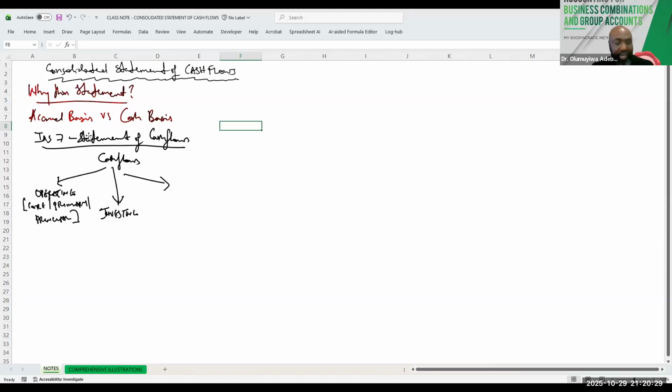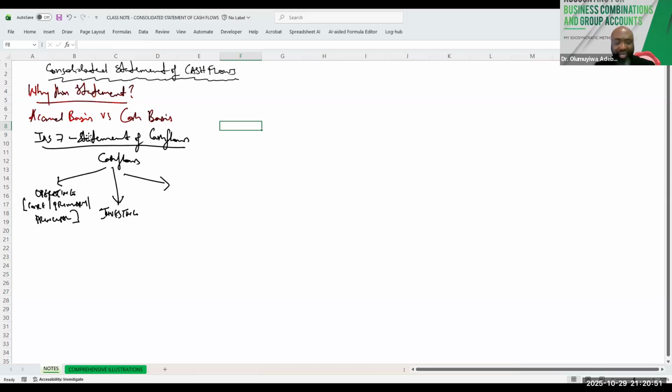Likewise, prior to operation and prior to investing, we need funds, or what I'll call finance, to be able to make this investment and equally invest in our operations.